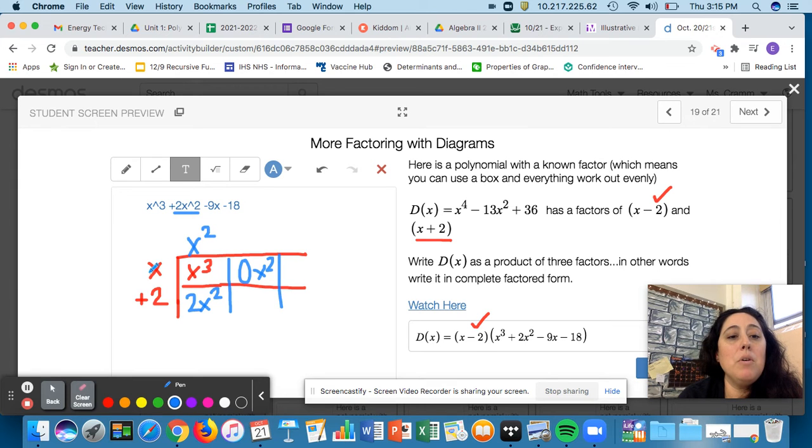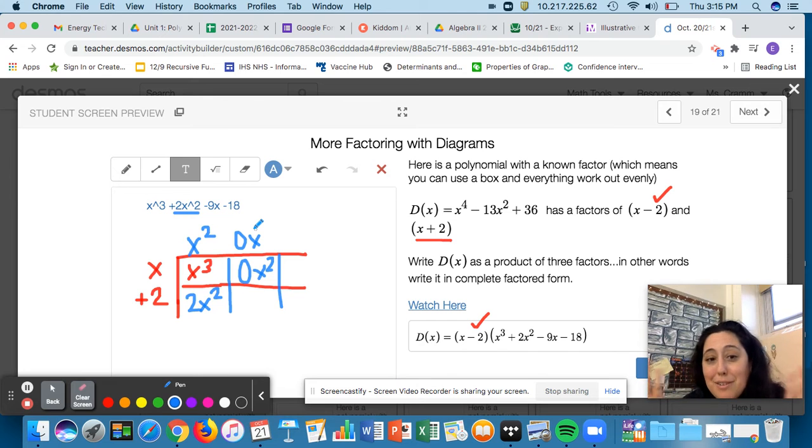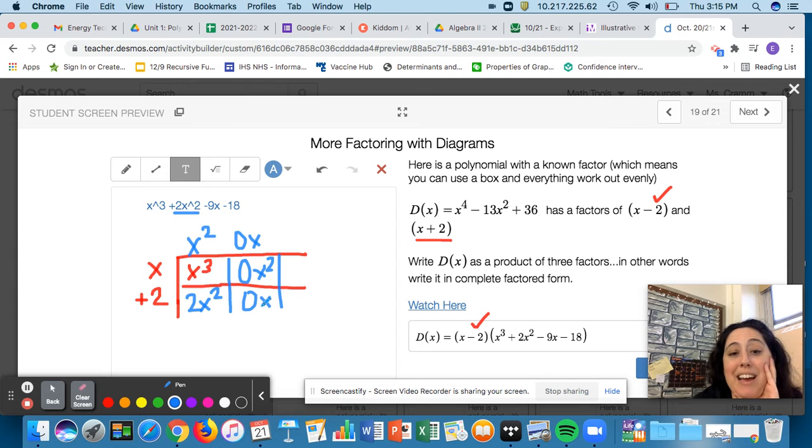So now x times 0x's would give me 0x squareds. Now 0x, again, is still just 0, right? But we're just pretending that the x is real, to keep a space open for it. So 0x times 2 would give me still 0, and I'm just going to put x because it's just a placeholder.